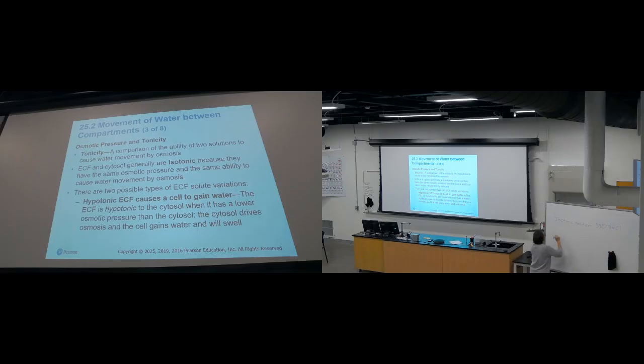If you have less than that, you will have a hypotonic solution, less than 0.85%. So let's say, just to make it much easier, 0.84% sodium chloride and below.